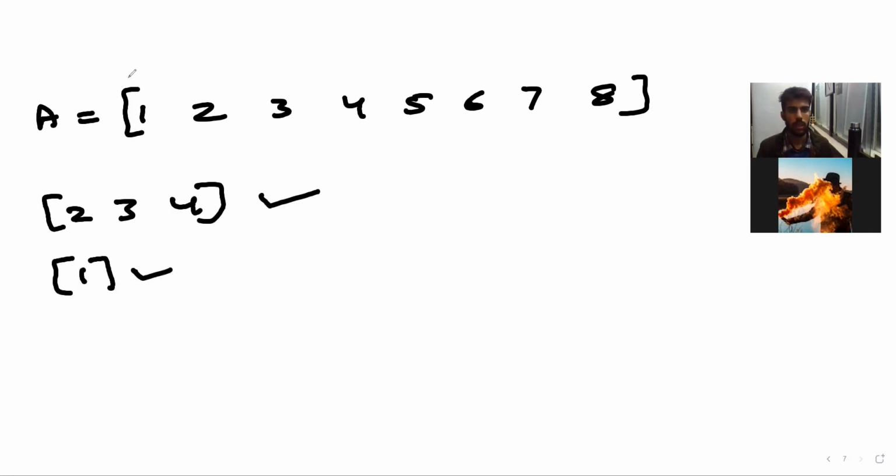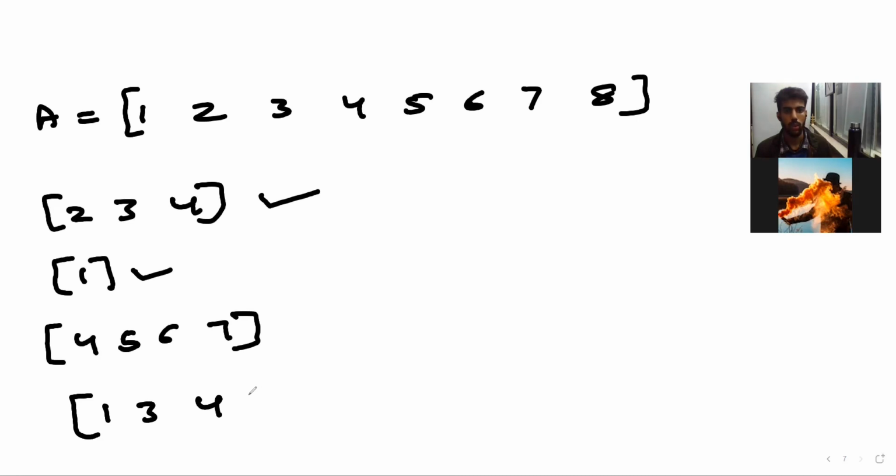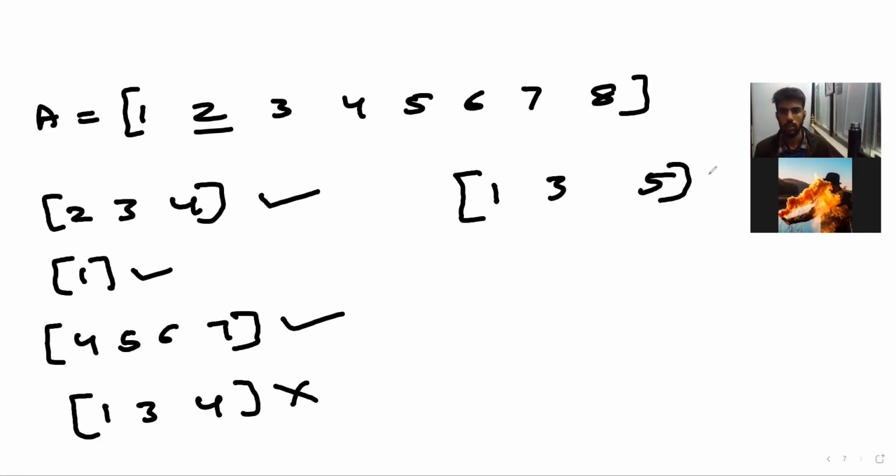The complete array is also valid. 4, 5, 6, 7 is valid. But 1, 3, 4 is not a valid subarray because we are missing the element 2. These are not continuous. Okay, did you get it? 1, 3, 5 is not a subarray, it has to be a subsequence. Yeah, subsequence. Okay.